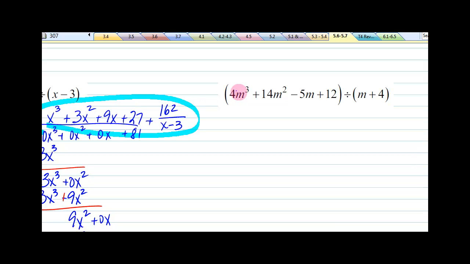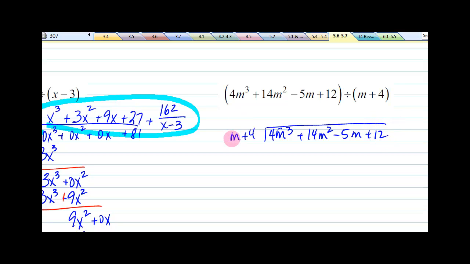Here I have the polynomial 4m cubed plus 14m squared minus 5m plus 12 divided by the binomial m plus 4. So let's write m plus 4 on the outside and 4m cubed plus 14m squared minus 5m plus 12 inside.